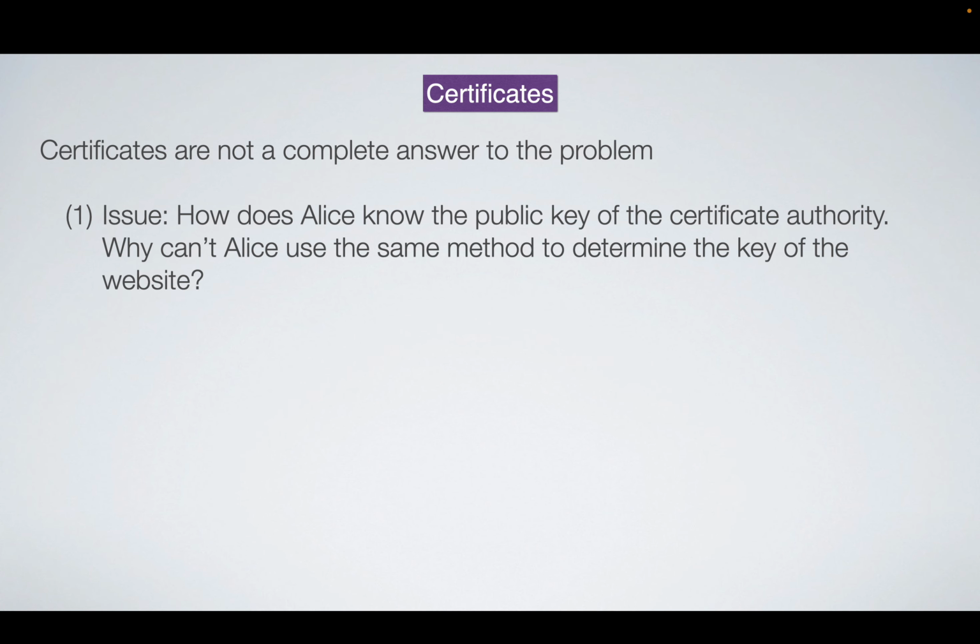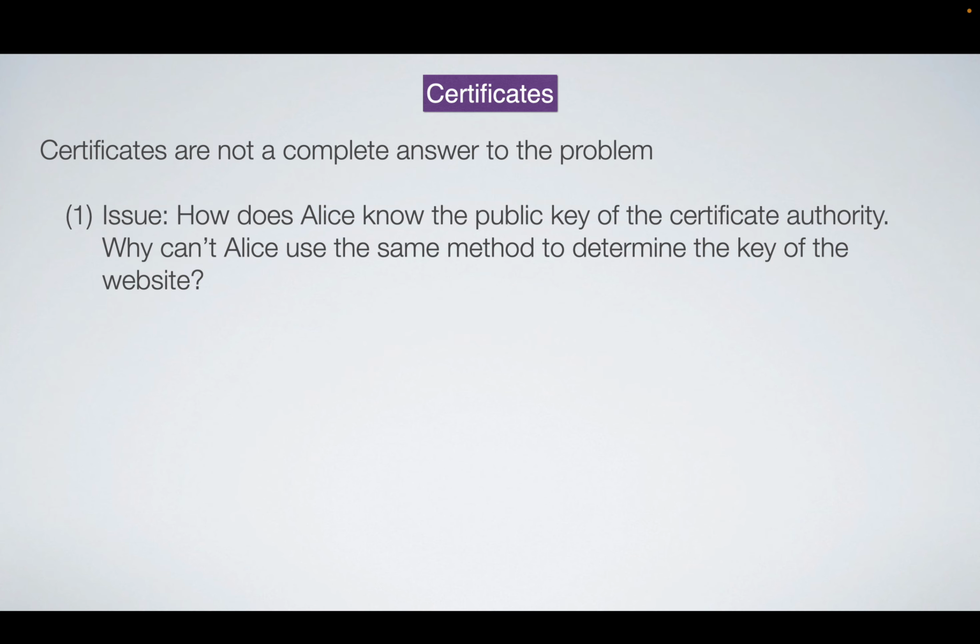So how does Alice know the public key of the certificate authority? The CA is basically trying to let us know the public key of everyone else, but you need a public key of the CA in order to do it. Then you can ask the question, whatever method Alice uses to verify Global Sign's public key, why doesn't she just use the same method to verify Concordia's public key?